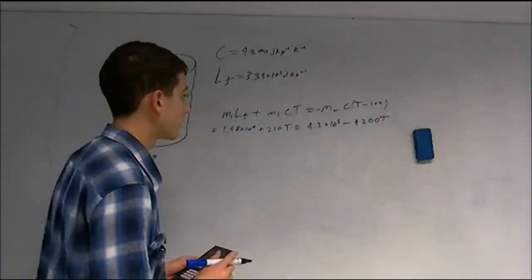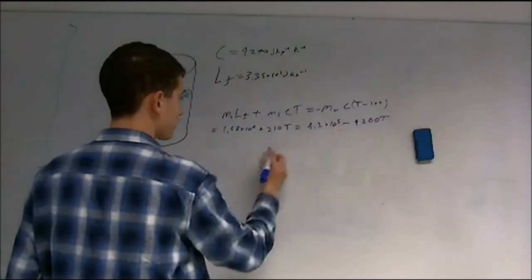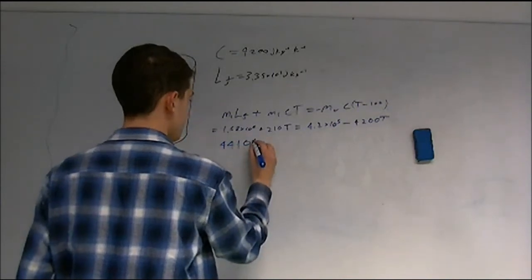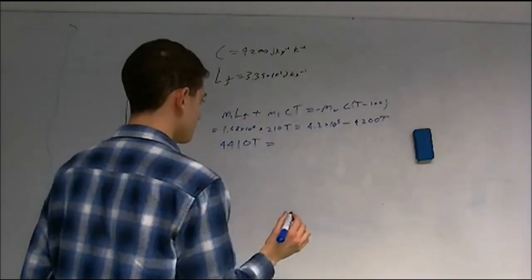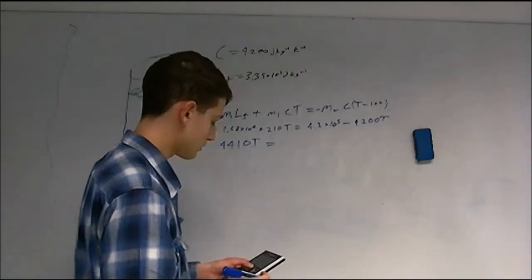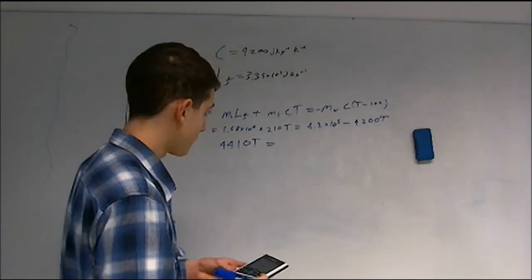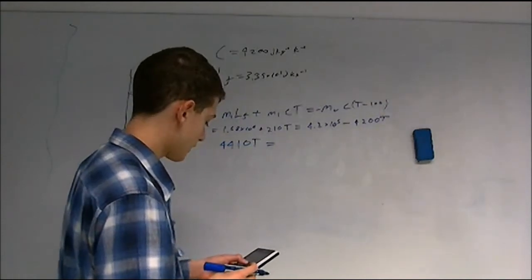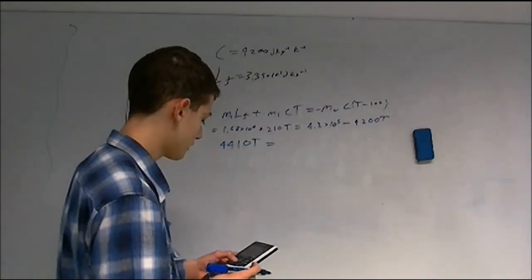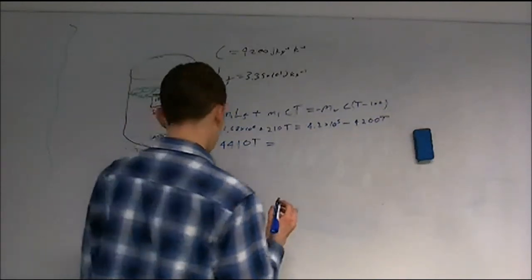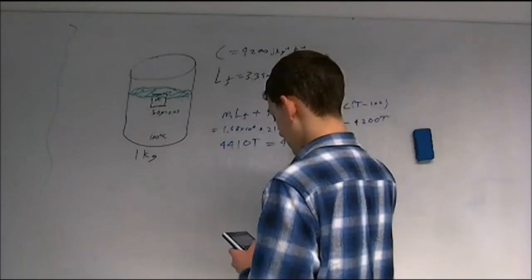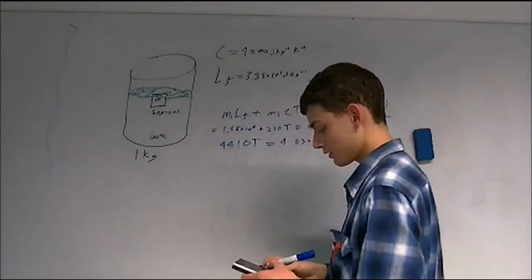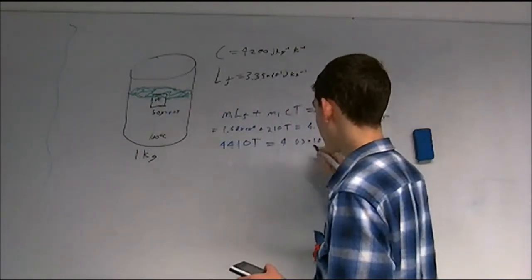That's going to be 4410 T equals 4.2 E5 minus this, which equals a very big number, 4.03 times 10 to the 5.